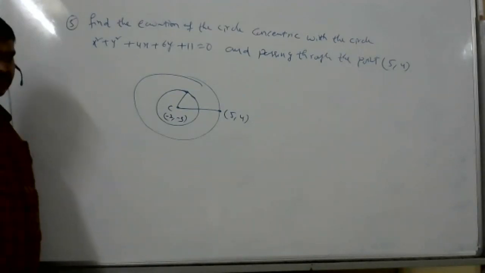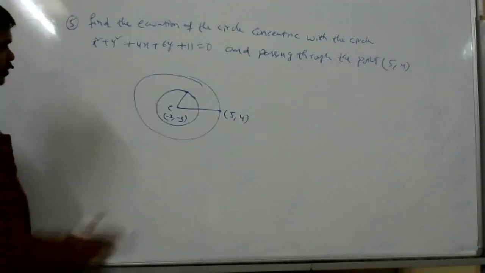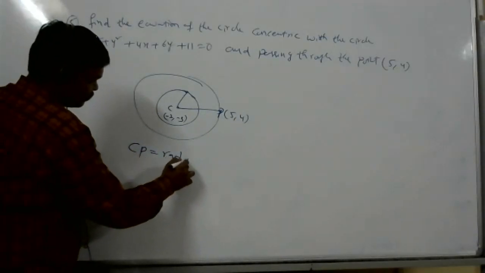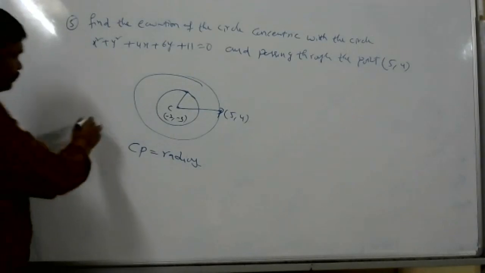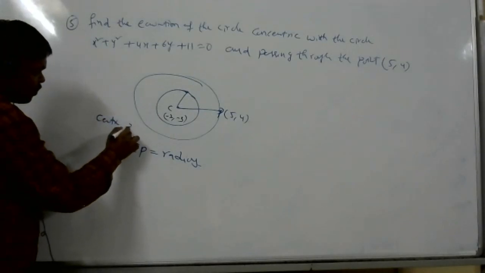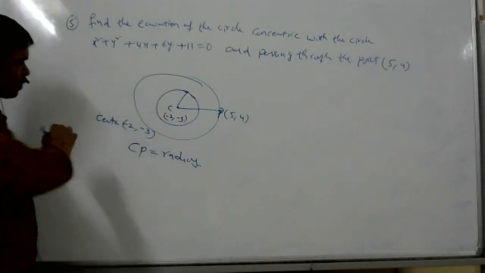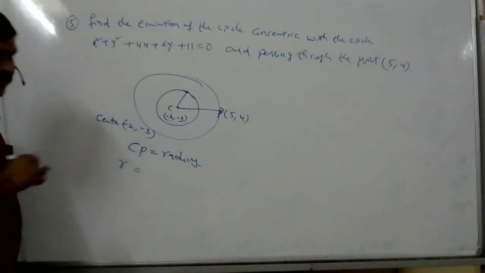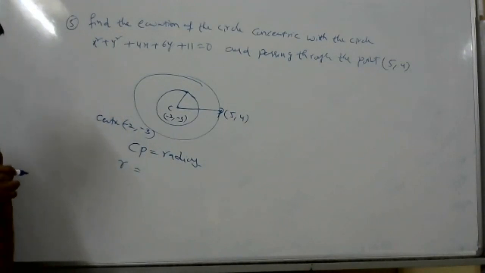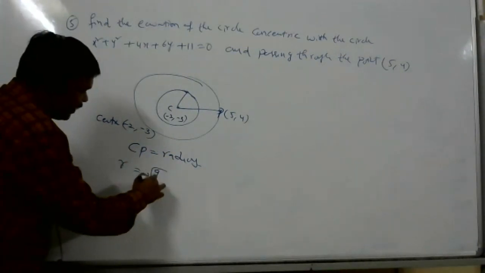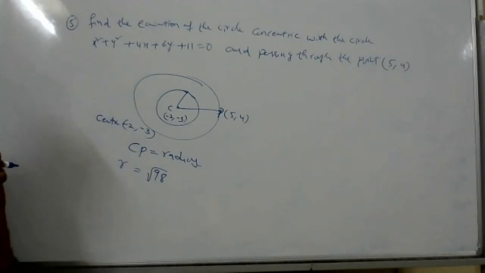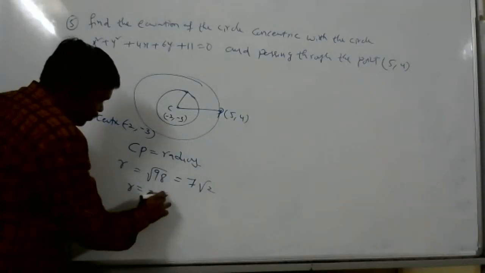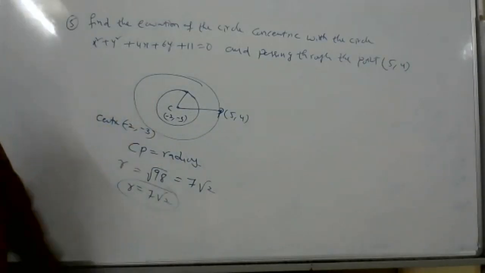And radius, find radius. CP is equal to radius. Radius is equal to square root of 98, which is 7 root 2. Correct. R is equal to 7 root 2. Center -2 comma -3.